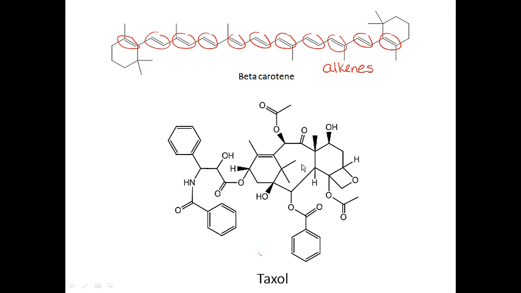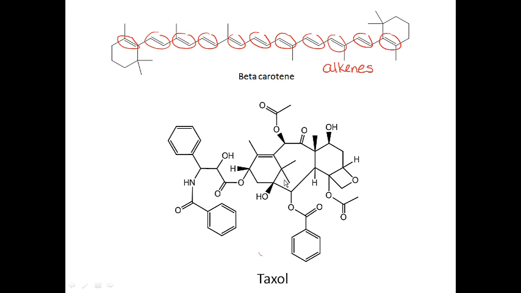Back 20 years ago, it was just starting clinical trials, and actually when I was a graduate student at Duke in North Carolina, one of the professors in the department that I actually worked a little bit with, he was the person that actually determined the structure of Taxol so that then they could begin to try and synthesize it. Now it's used in ovarian cancer, and I believe it's a treatment for some other cancers.